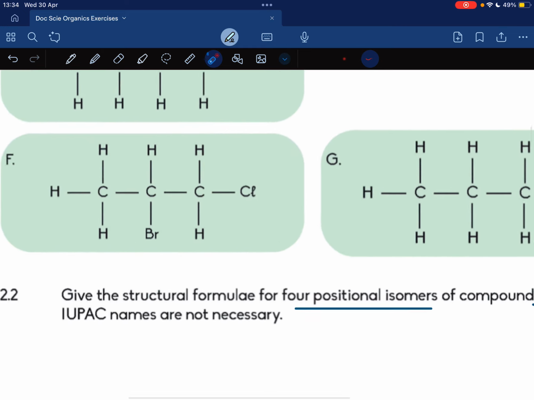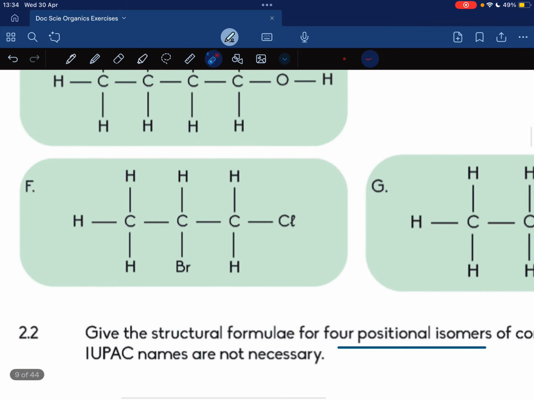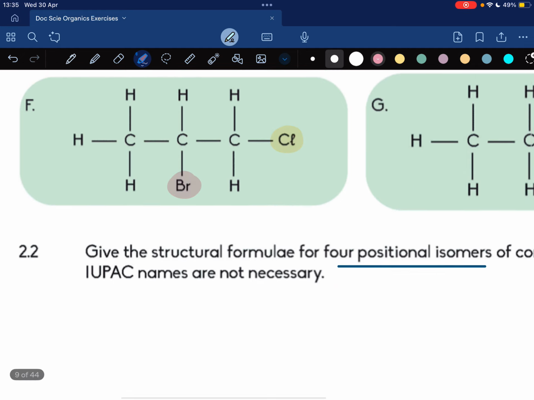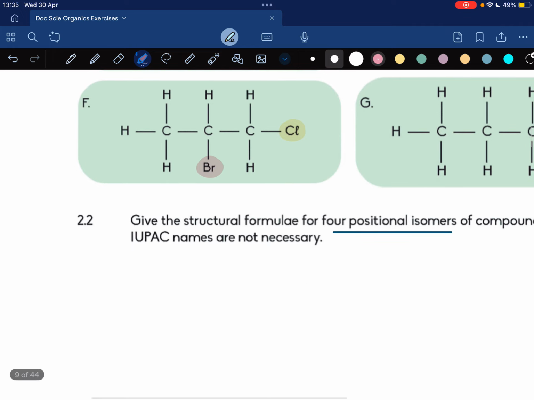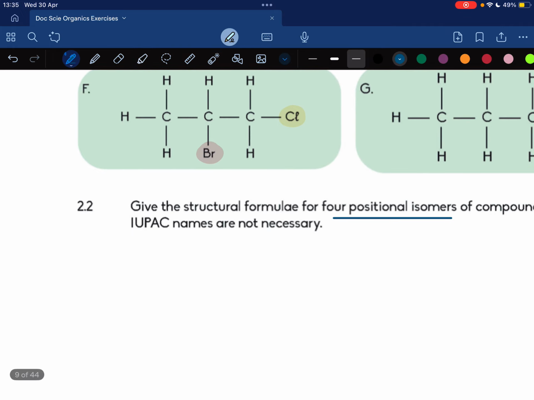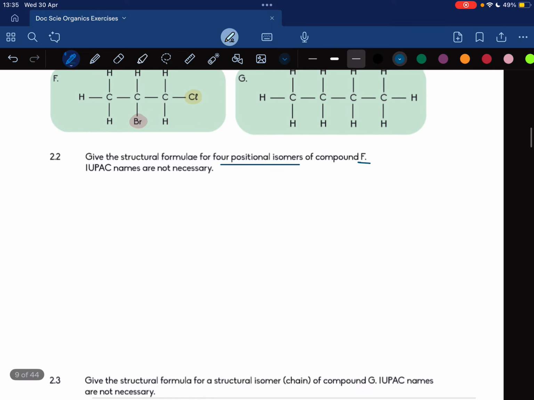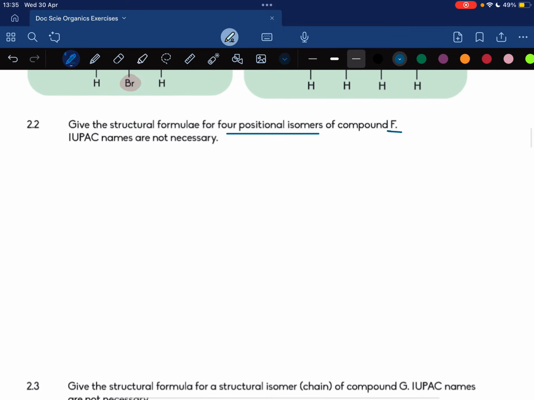So let's have a look and see. Well, compound F is a haloalkane, and it has 2 halogens. It has a chlorine and it has a bromine. So let's leave the longest carbon chain, because all we're going to do is we're going to move around the functional groups.